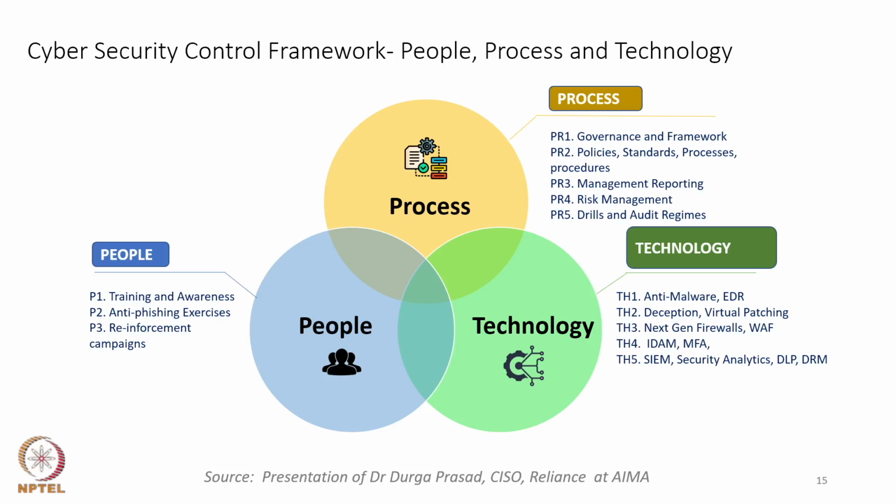So I have come to the end of this, with the control framework of cyber security. Again, we are guided by our principle called people, process, technology. When we want to have a control framework, we have to think about what is required to control at the people level: whether we should give training, whether we should arm them with anti-phishing exercises.